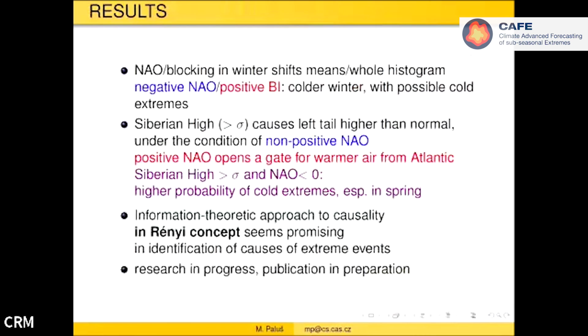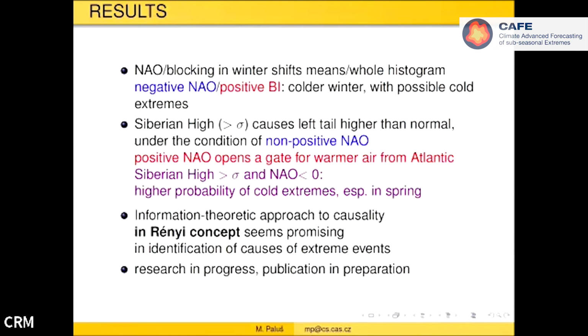Okay, just to make a quick conclusion, we can see that NAO and blocking index in winter shift the whole histogram, but of course shifting the histogram to the left means that some extremes are possible, while Siberian high, under the condition of non-positive NAO, has a very specific effect on the left tails of the histogram.